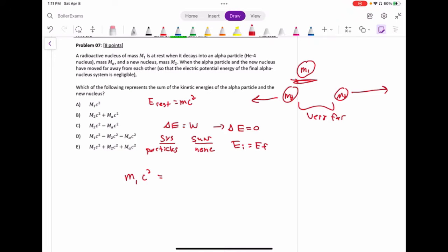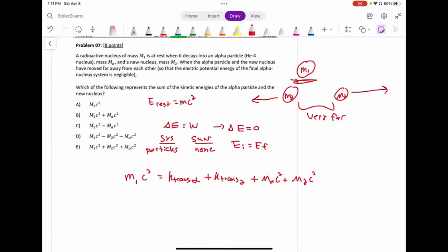Finally, they're going to have, let's say, K-trans of the alpha particle and then K-trans of the second particle. They're kinetic energies, but they also have their own rest energies as well. Okay, hold on. Hold the phone. Okay, mass alpha c squared. There we go.